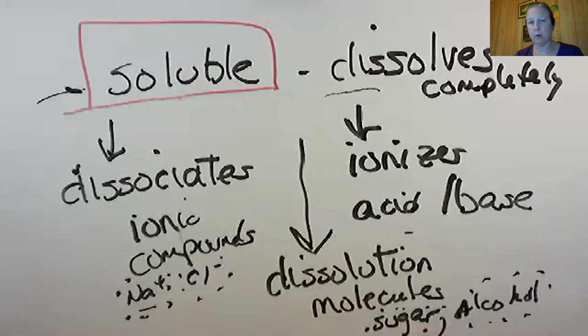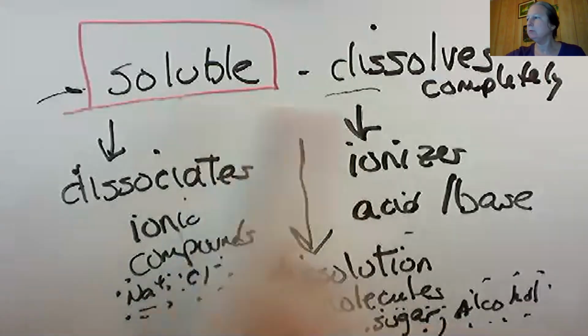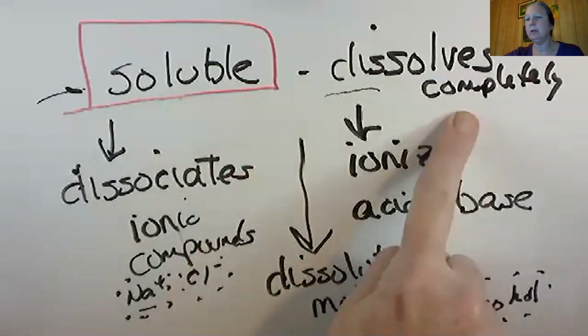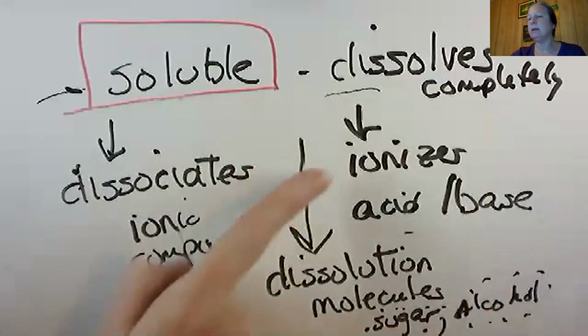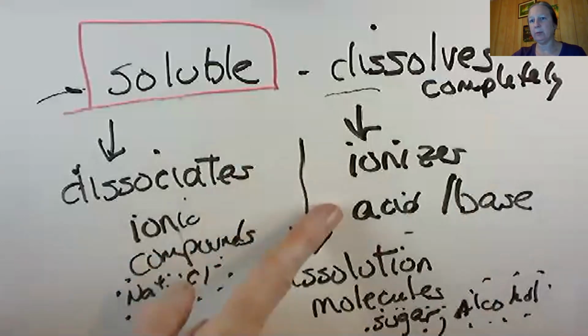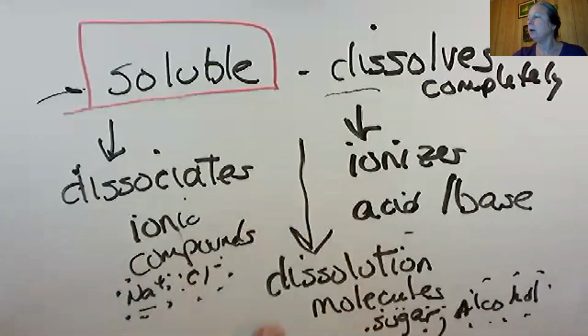All right, I'm going to show you some videos, but we'll just go back a little bit more to why dissolving happens. So something is soluble and it dissolves. That can mean one of three things. It can either dissociate, and that's your ionic compounds. It can ionize, that's our acid-base chemistry. Or it can simply dissolve. That's what dissolution is.